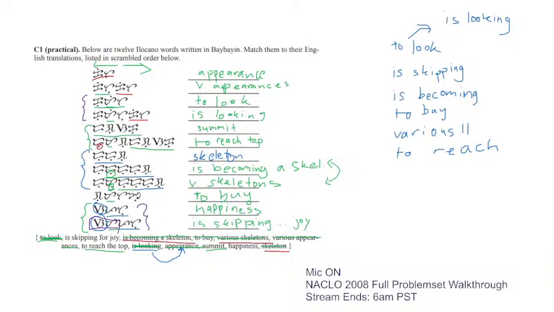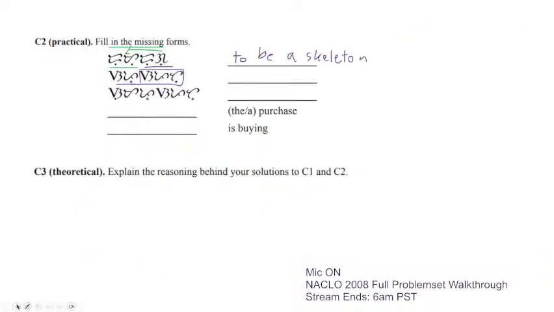And happiness is skipping for joy. Is skipping for joy. Right? Okay, this one might be wrong, but we can say something like, is skipping with happiness.